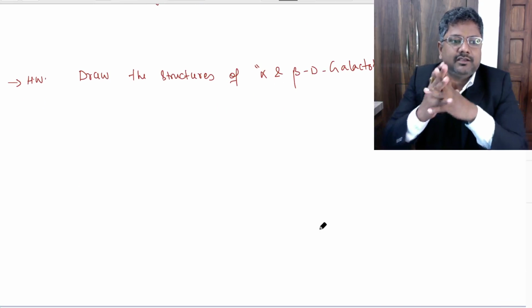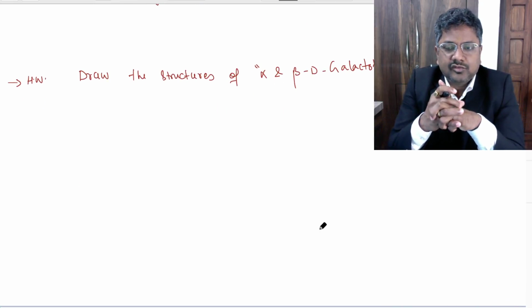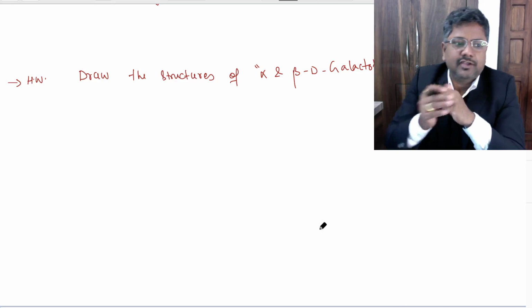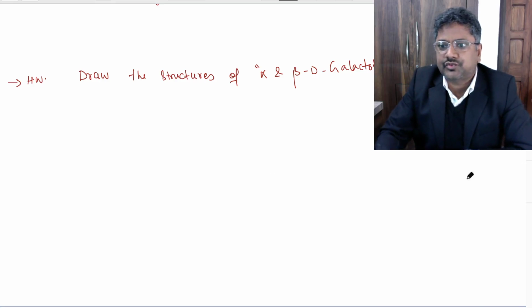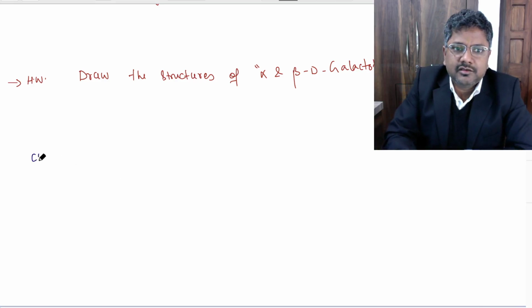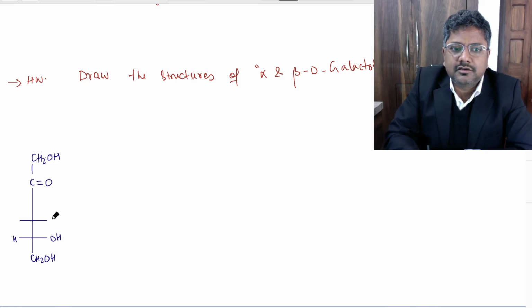See, ketohexoses. So we have one example of keto sugar, that is fructose. So CH2OH, CO, CH2OH, OH, right?